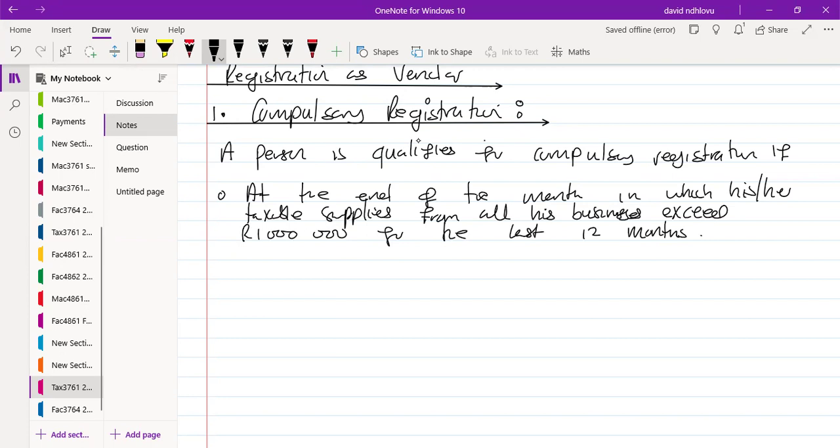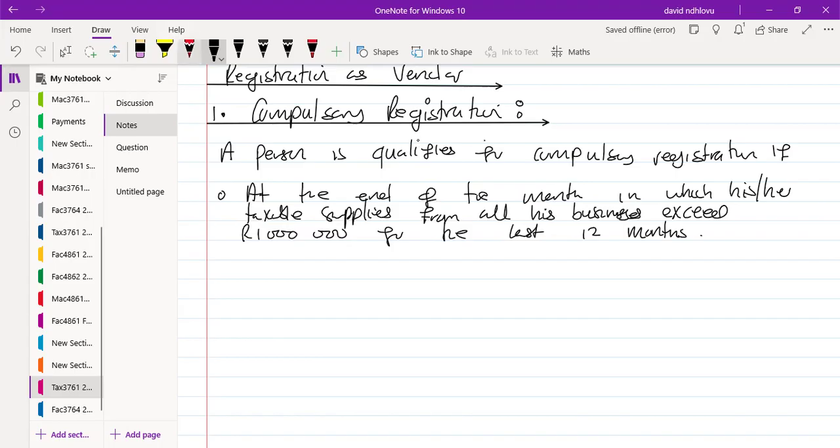So if your taxable supplies for the last 12 months exceed 1 million, then you are compulsorily expected to register as a VAT vendor.